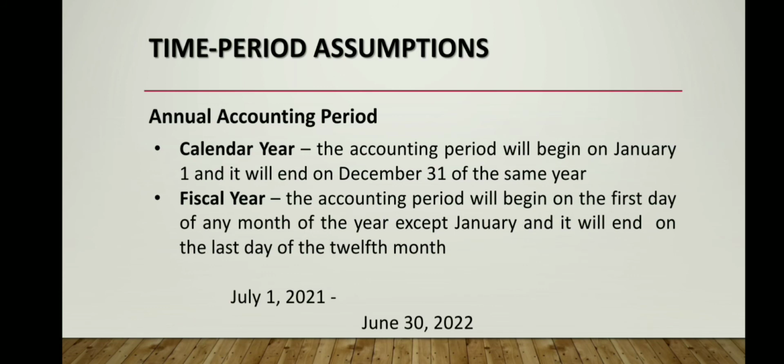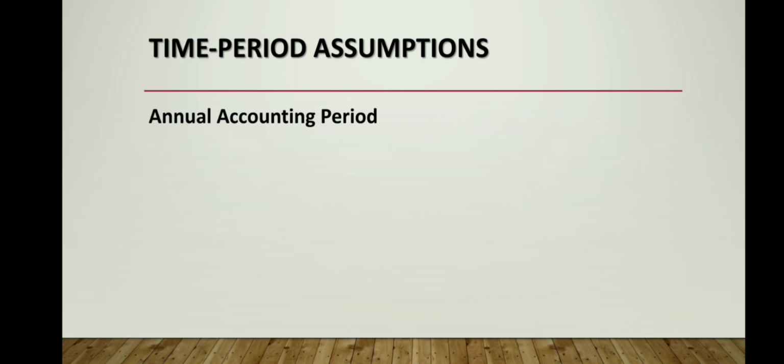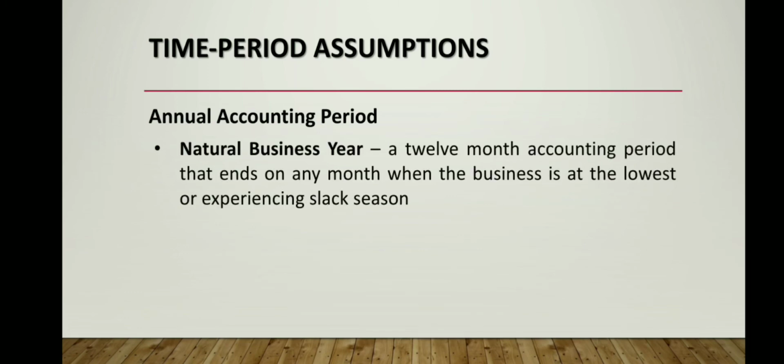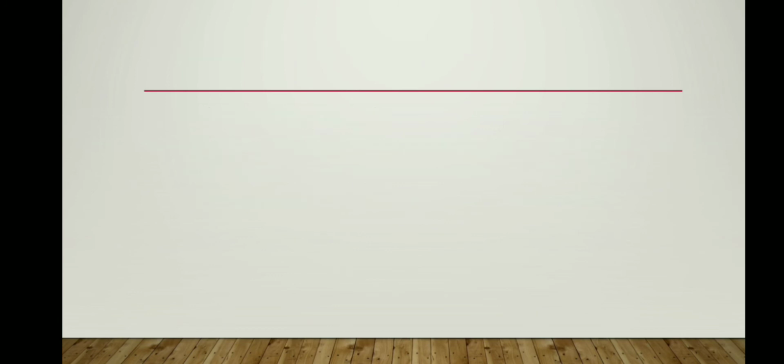Another accounting period is the natural business year. This is still a 12-month accounting period that ends on any month when the business is at the lowest or experiencing slack season.